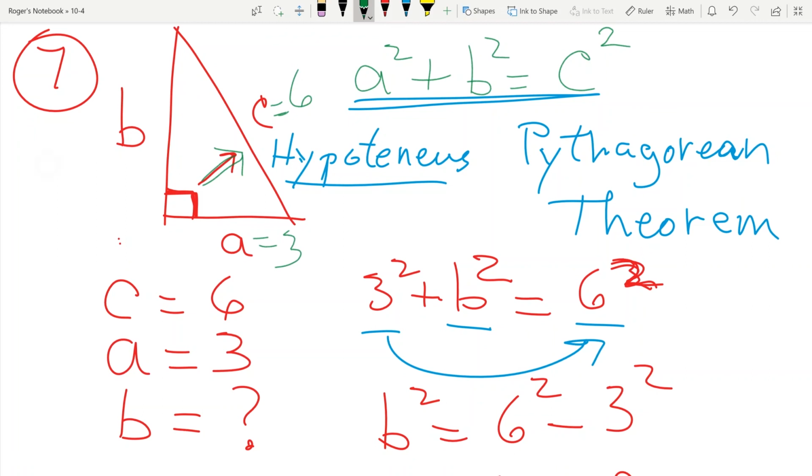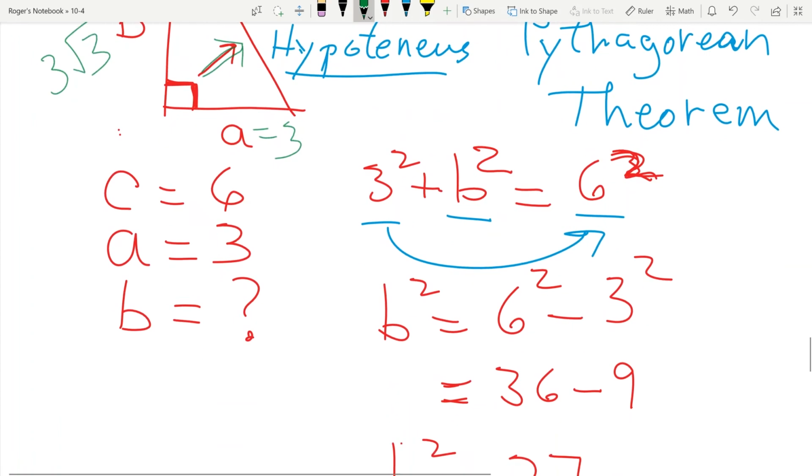What's this side over here? 3 square roots of 3. You could have just written down the answer had you known this little cool fact. 3, 6, 3 square roots of 3. Okay, L, 2L, L square roots of 3. L square roots of 3 is the other leg. Okay, hypotenuse is always the longest. All right, well, enough said.